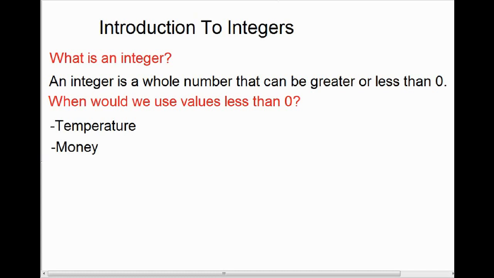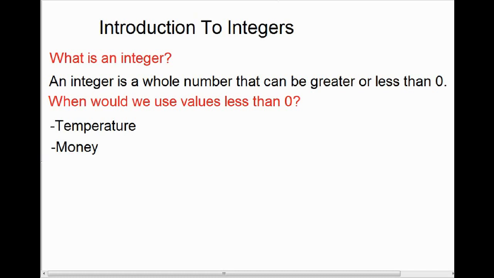So that's an example where integers could be used. Also, some bank accounts actually allow you to take out more money than you have in your account. So if you have $10 in your account and you take out $20, well, at that point you have less than $0. So these are just two examples of where values less than 0 occur in the real world.